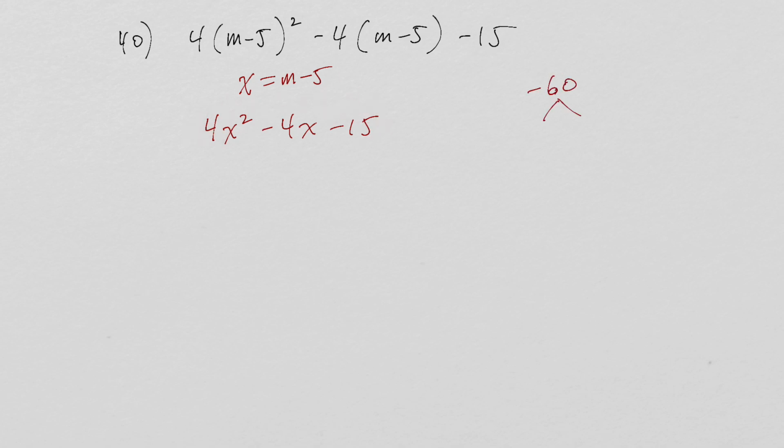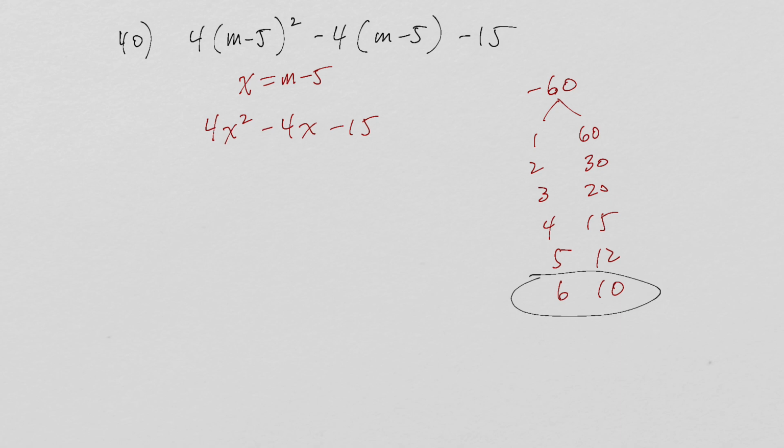Because it's negative, we're looking for factors that give us a difference of 4. And you can start listing these if you want. Otherwise, you can jump right to it if you see it. I'm going to stop right there because that's it, right? And we need the 10 to be negative and the 6 to be positive in order for it to add up to a negative 4.